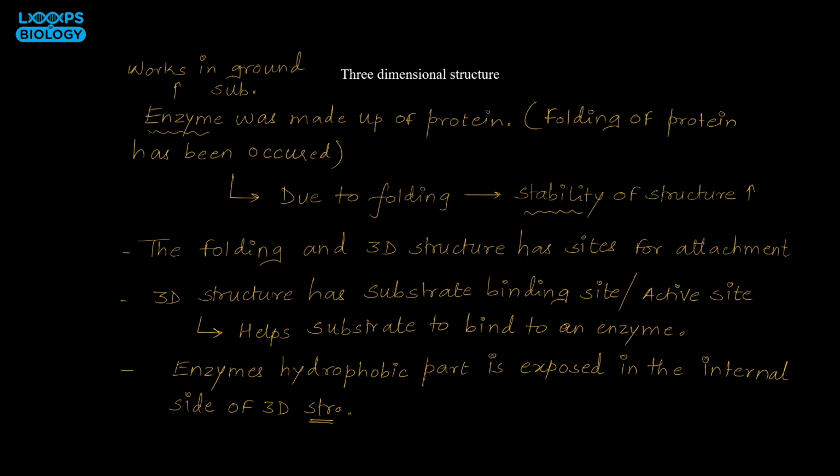So whenever the water molecules are exposed on the enzyme, the hydrophilic part has to be on the outer surface, while the hydrophobic part has to be present on the internal side of the three-dimensional structure. So that's why the three-dimensional structure provides stability as well as providing sites for attachment to the different moieties of the enzyme. Got my point?